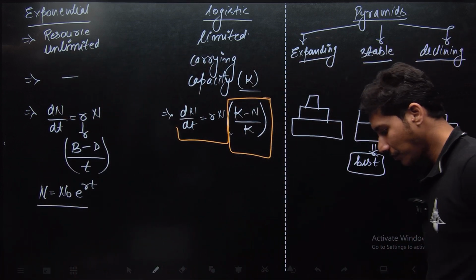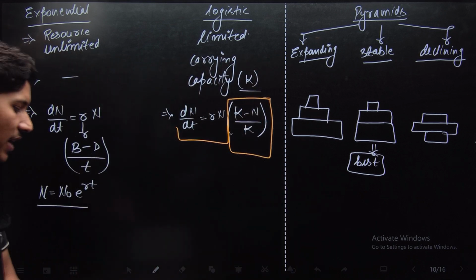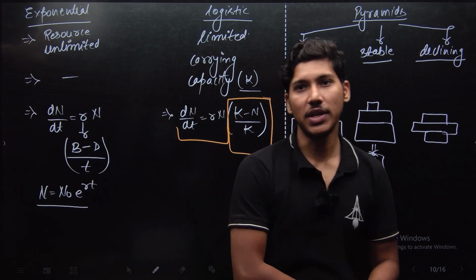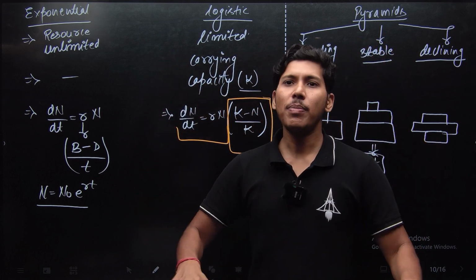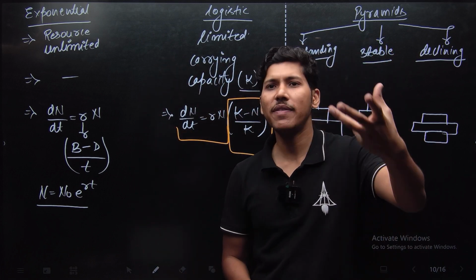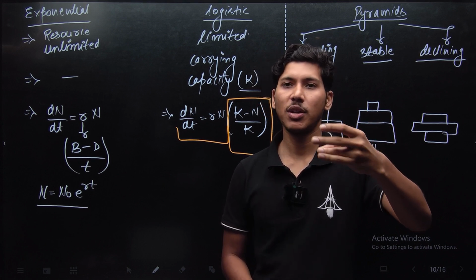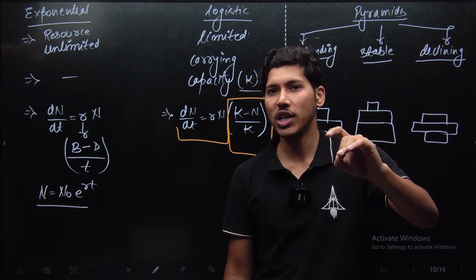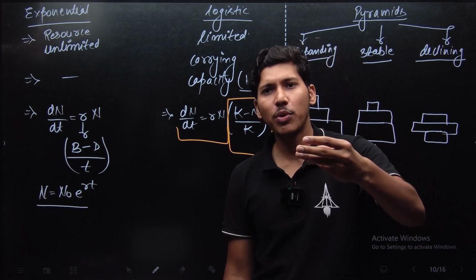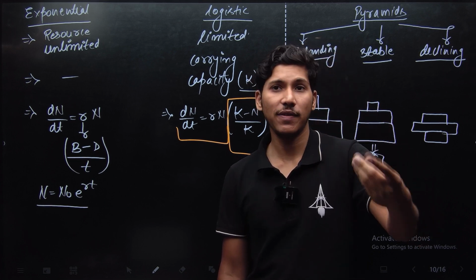Next we need to focus on one thing, that is the age pyramids. We know that a population, let's say human population, can be divided into 3 parts: children, reproductively active individuals, and old individuals, or else pre-reproductive age, reproductive age, and post-reproductive age individuals.